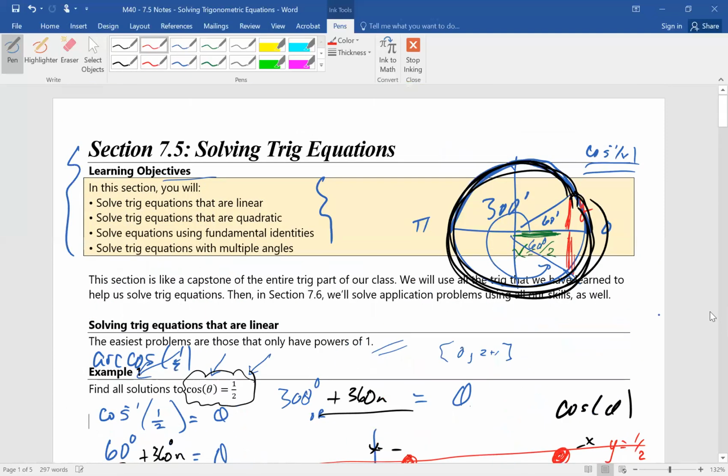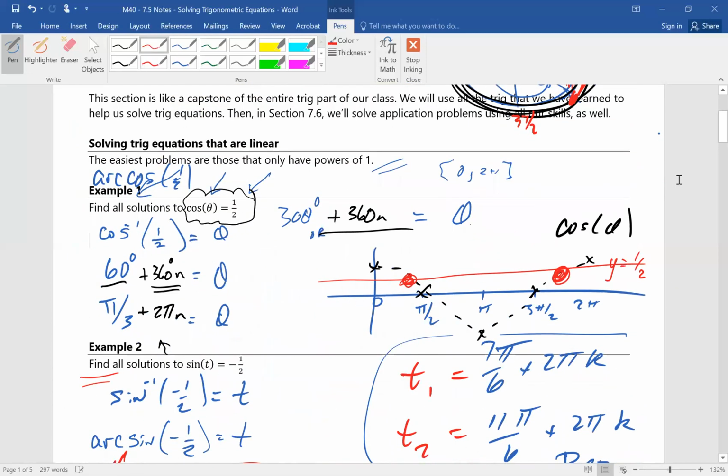So they cross here, and after 3 pi over 2, they cross here. So right before it gets to 2 pi and right after 0, those rotations are represented in a different manner here.